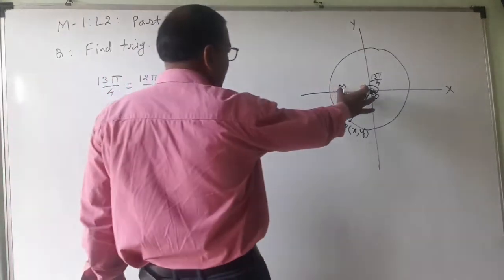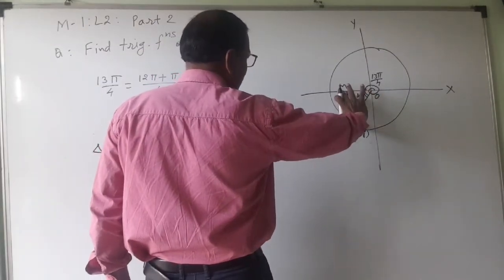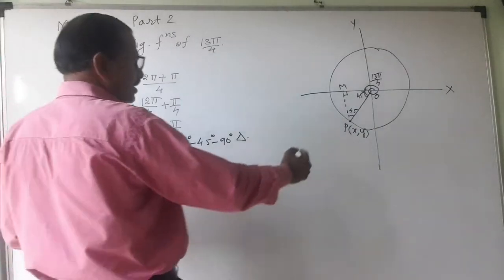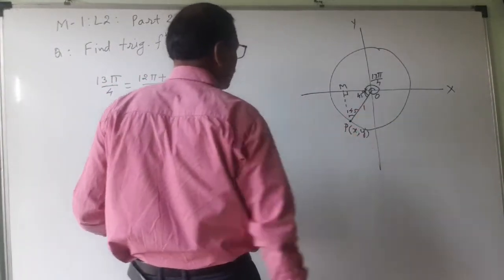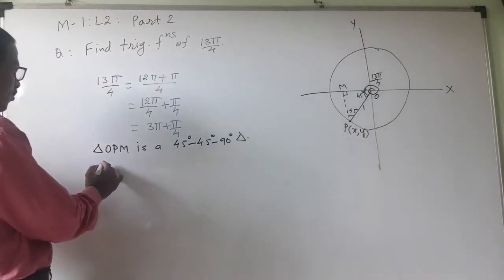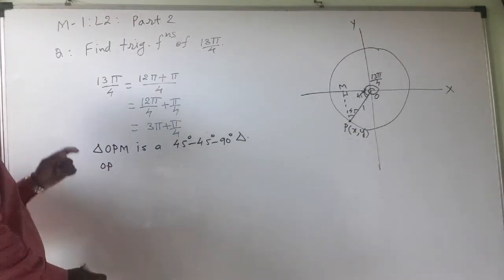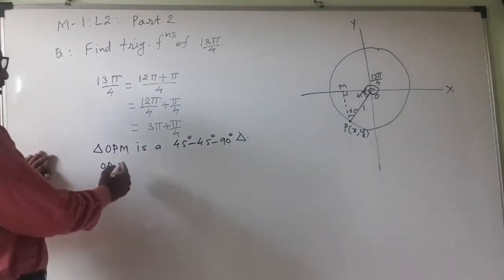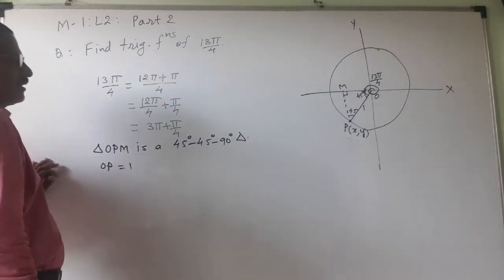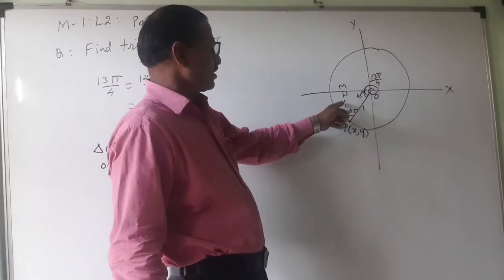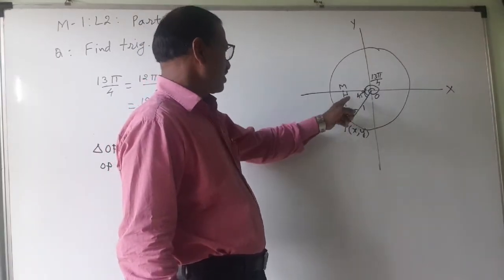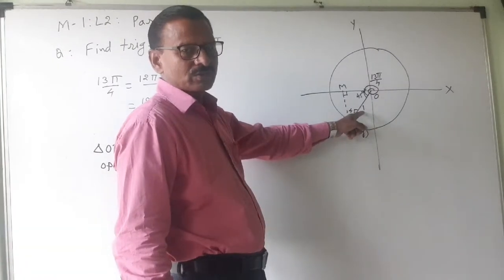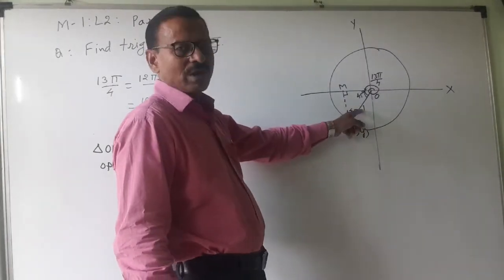This OM is nothing but x and this PM is nothing but y. The hypotenuse is 1. OP is equal to 1. Consider the unit circle. Now the side opposite to 45 degrees is 1 upon root 2 into the hypotenuse. Hypotenuse is 1. So this will be 1 upon root 2 into 1, 1 upon root 2.